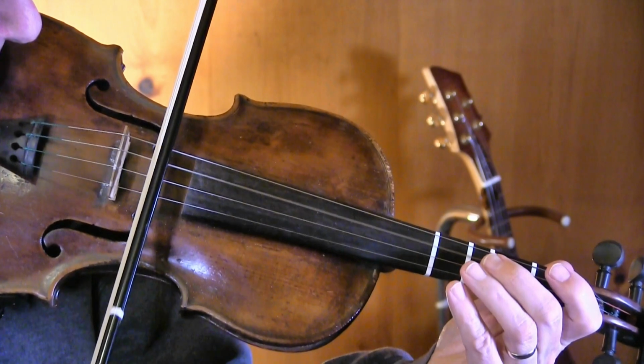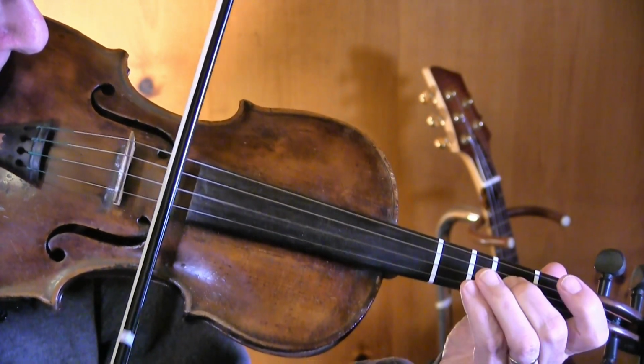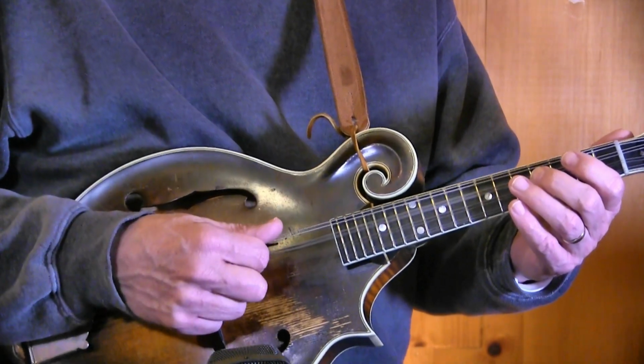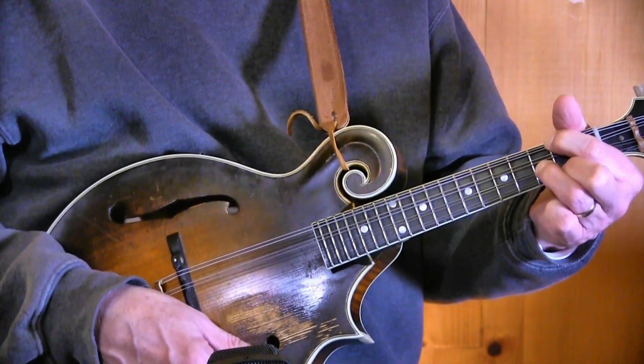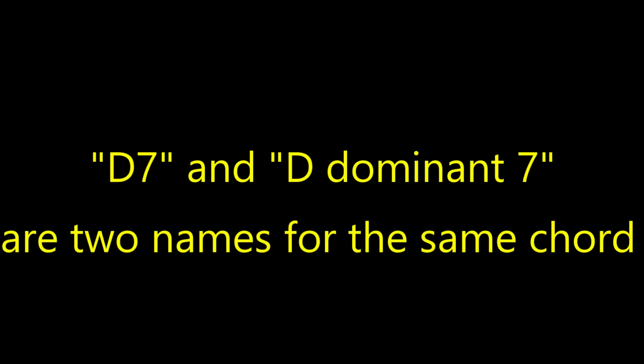If we take the notes of the G major scale, start on D, and play every other note, this time for a total of 4 notes, we get the notes D, F sharp, A, and C. See this in example 2. The chord sound we hear in example 2 is the D7 chord.